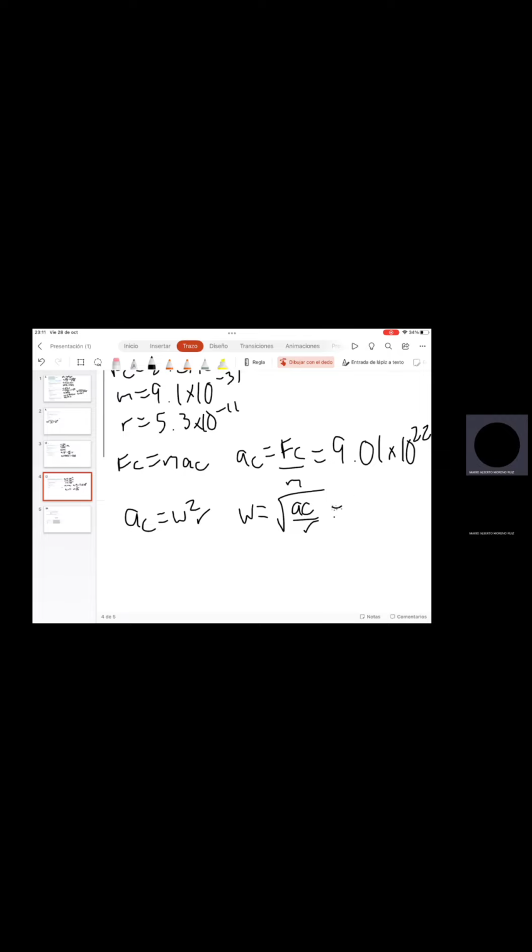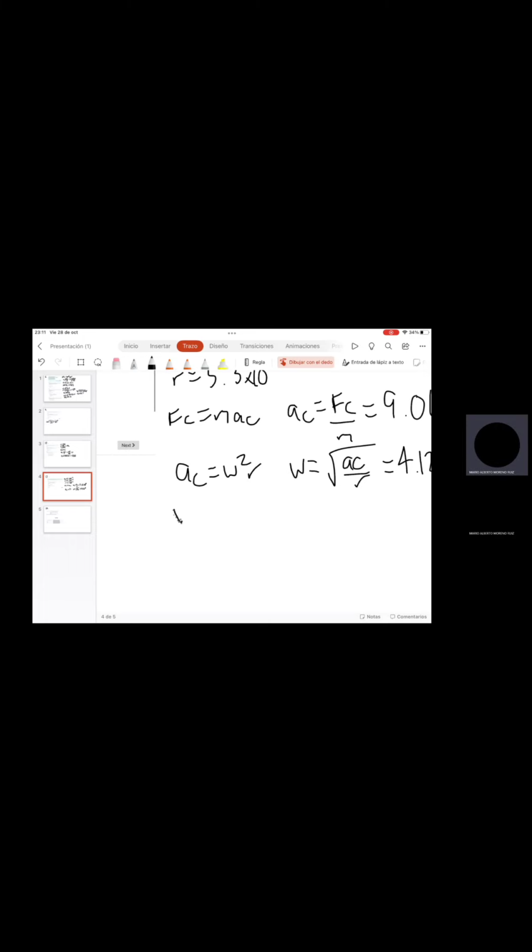This will give us 4.123 times 10 to the 16th.